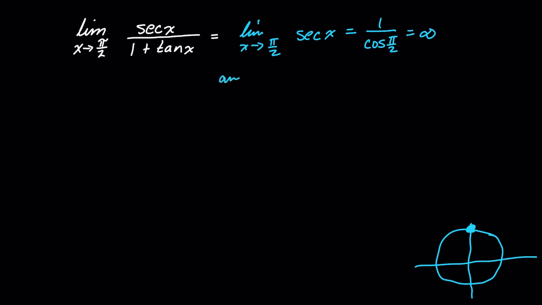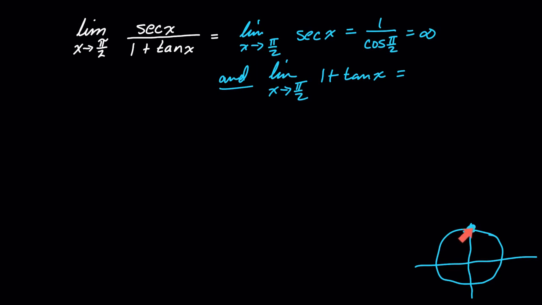And if you do the limit as x approaches pi over 2 of the denominator, which is 1 plus tangent of x, it's going to be the same thing, where tangent is going to be your y value divided by your x value. Well, at this point right here, your y value is 1, your x value is 0. You cannot really do 1 divided by 0.